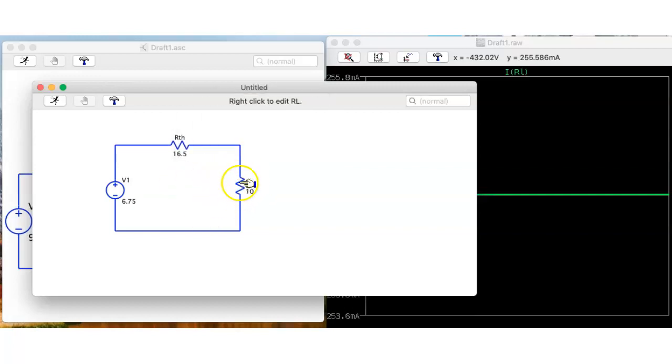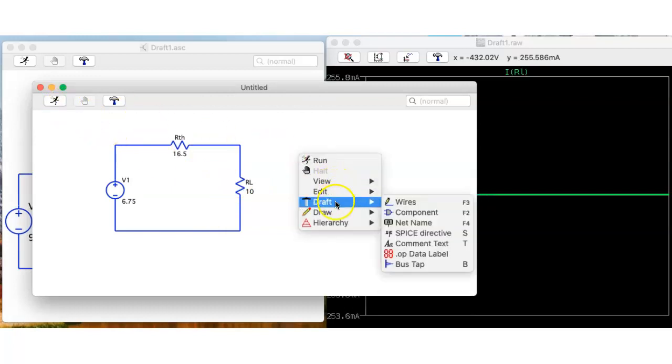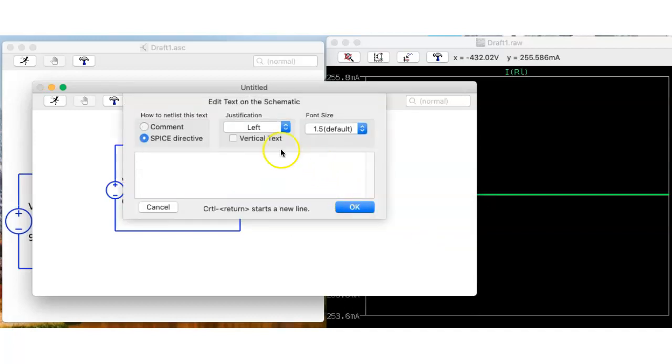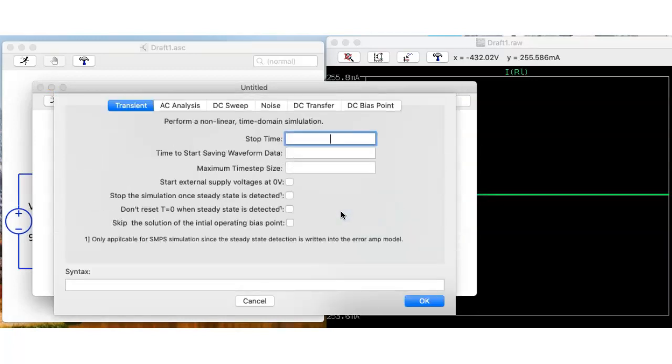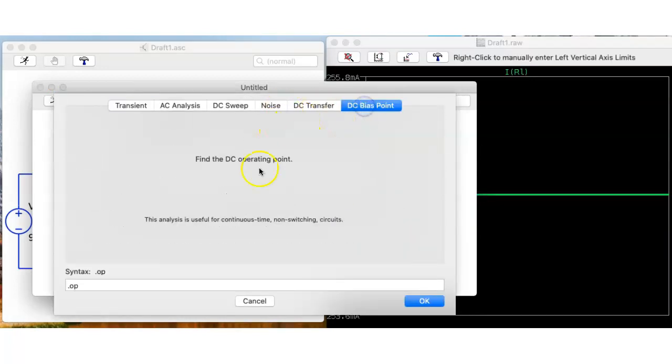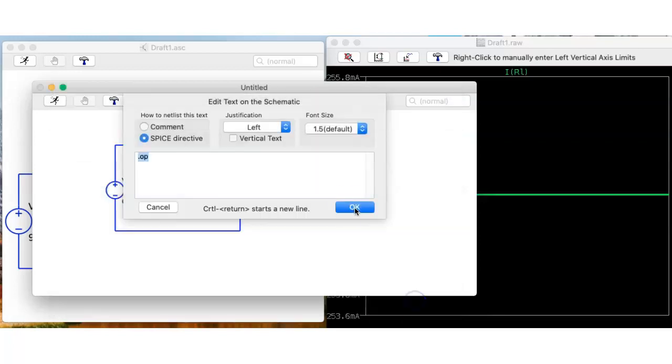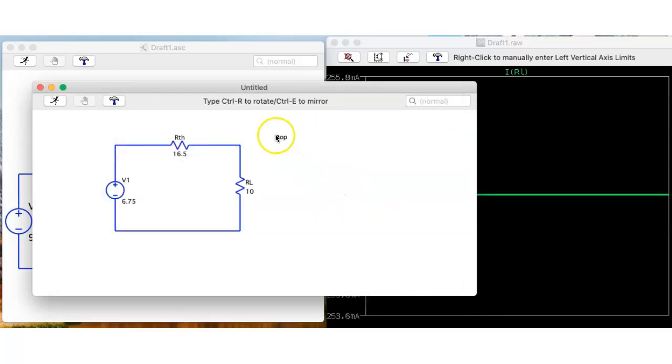Now find out the value of the current in this resistance. First, in the SPICE directive, we have to write the DC operating point command, that is .op, and put it here.